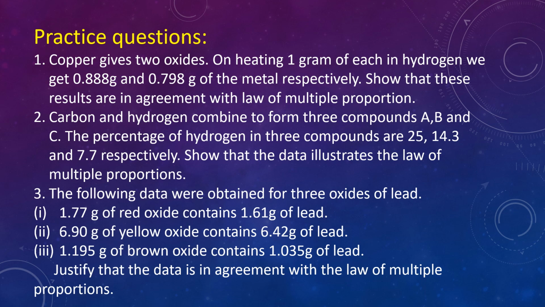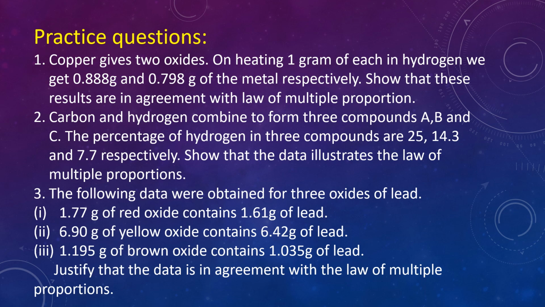So you will get the percentage of carbon. Now by fixing the mass of hydrogen, because hydrogen is in lesser quantity, you will get the mass of carbon in a simple whole number ratio, and it comes to be 3:6:12, that is 1:2:4.